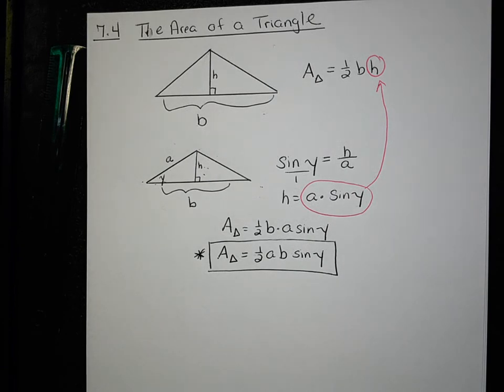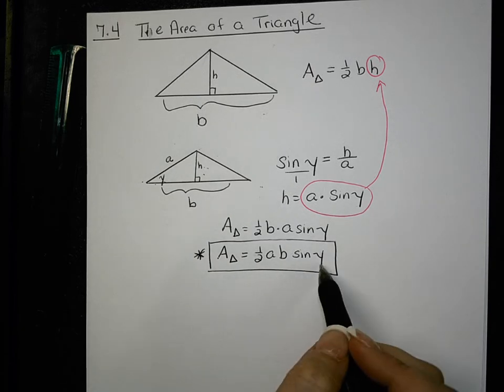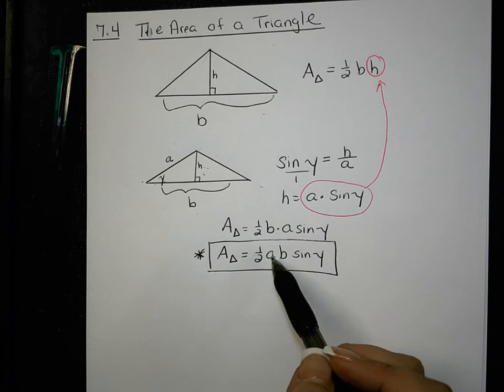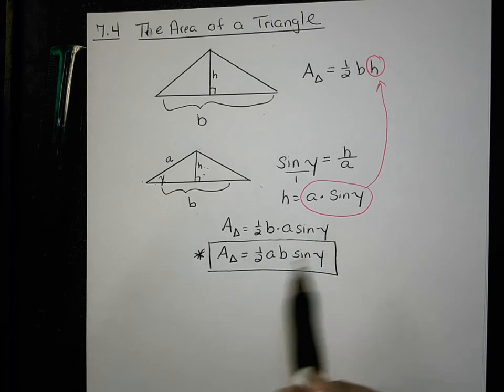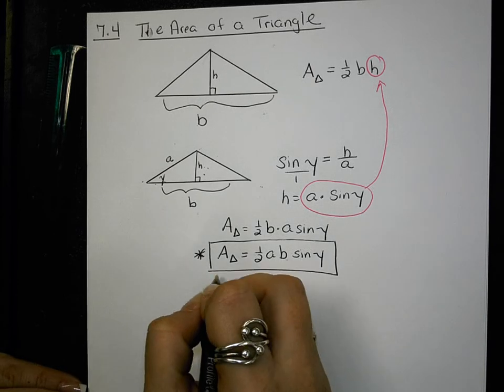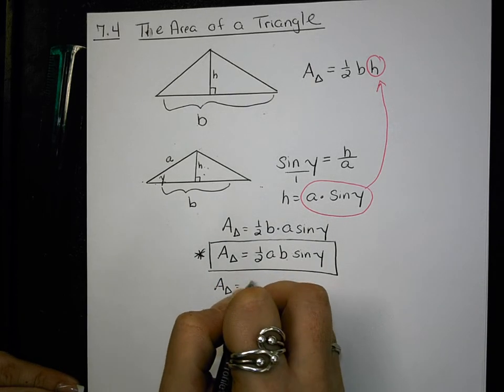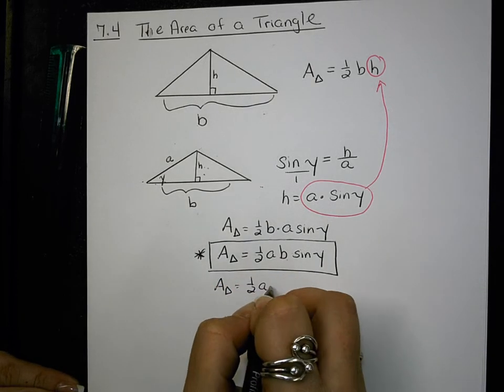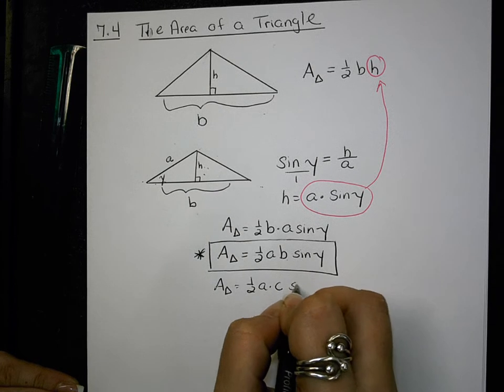And you can actually come up with two other formulas based on this. Notice gamma usually goes with side C, so you're dealing with all three of the sides somehow in here: A, B, and then sine of gamma. So we could also write area of a triangle is 1/2 A times C sine of, what do you think?